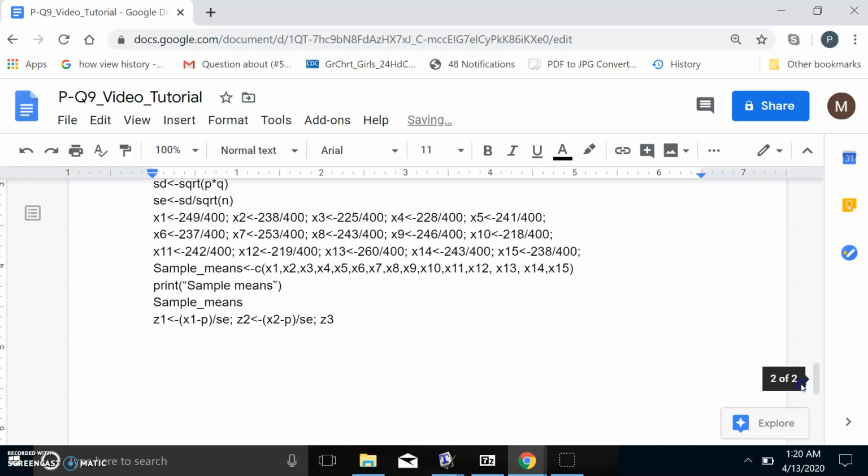z3 would be x3 minus p divided by SE. z4 would be x4 minus p divided by SE. z5 would be x5 minus p divided by SE.